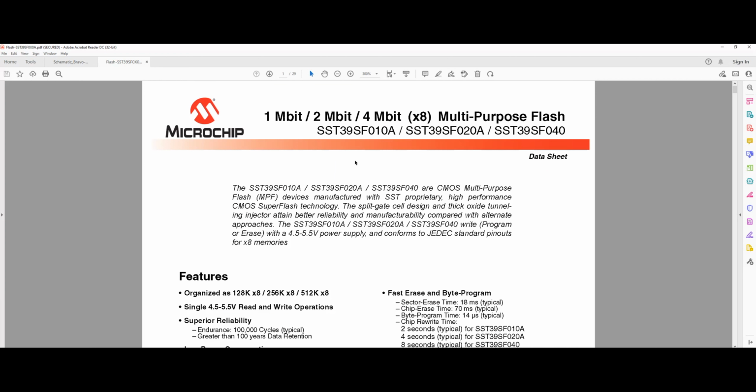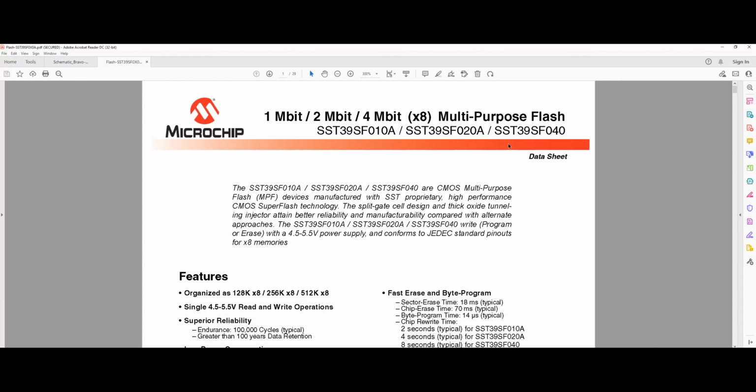We are using two versions of this chip, which are the SST39SF010 and the 39SF040. The 010 version is a 128K model, and we will be using two of these chips in our control logic, which we will be building later in the project.